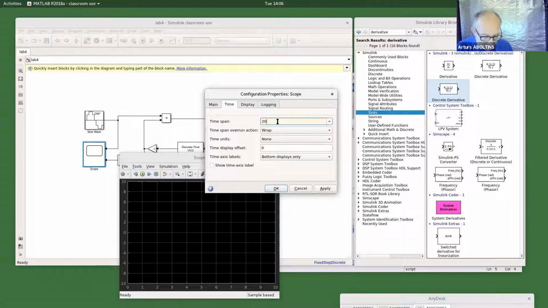So this is 20 divided by FQ. Because 1 divided by FQ is the period of the sinusoid which is generated, and the 20 means that we will see 20 periods.